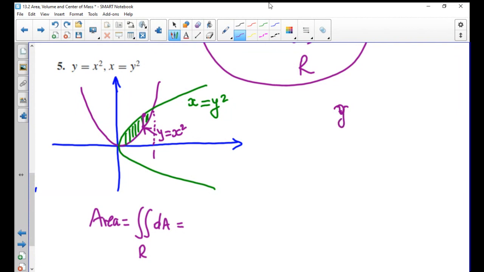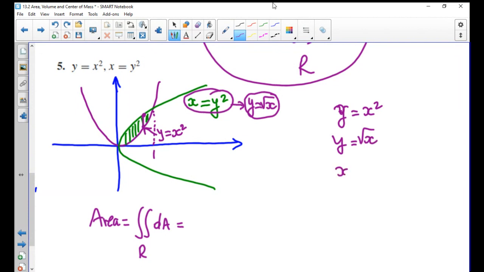Y is equal to x squared and y also, the other one, you can change it into y equals square root of x. And you solve this equation, you will see that you get two solutions, 0 and 1. So you will get the boundaries 0 and 1.